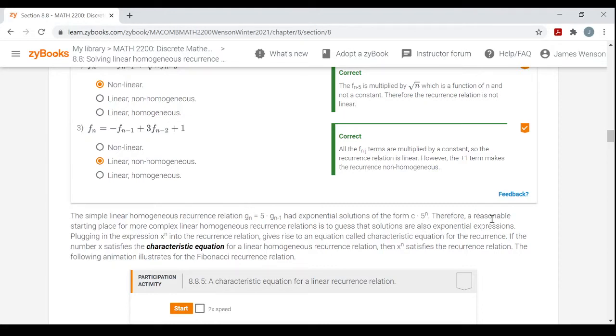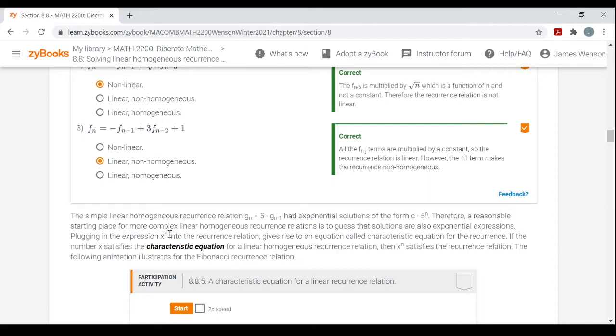So therefore, a reasonable starting place for more complex linear homogeneous recurrence relations is to guess that the solutions are also exponential expressions. So we're going to plug in an exponential expression, x to the n. Now again, I know you're probably thinking, hey, that's a polynomial, that's not exponential.